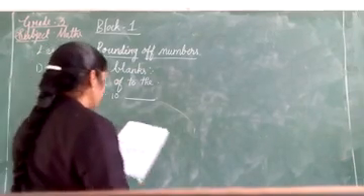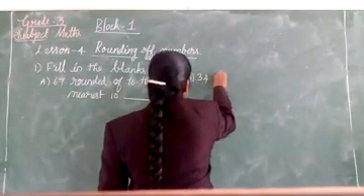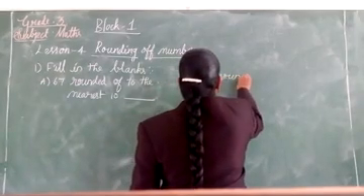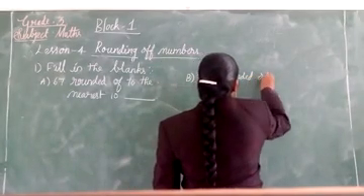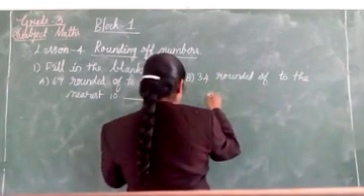Next, second question: 34 rounded off to the nearest 10.